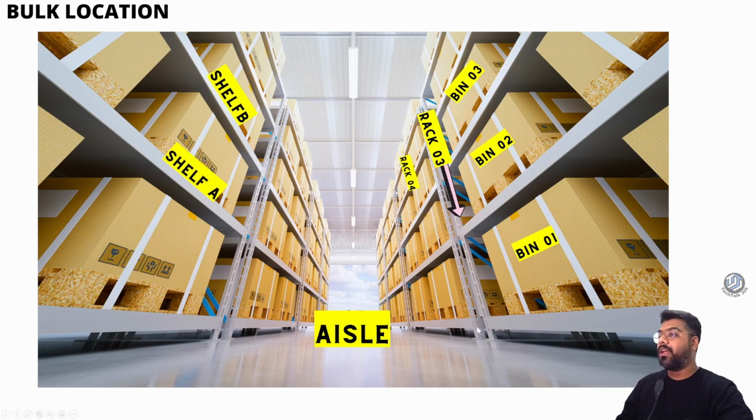So A01 SA R3 B01 could be the name or location ID of this particular location. Likewise, you will have thousands of location IDs created within a bulk location, so your warehouse picker can quickly understand in which location the stock or a part is. So that's why you definitely need to mention the aisle code before you create a location.